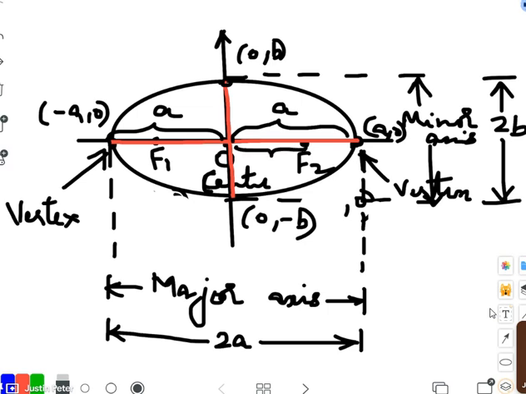So this distance will be c units, and this distance will also be c units. So it will be minus c comma 0, and here c comma 0 will be your focus.